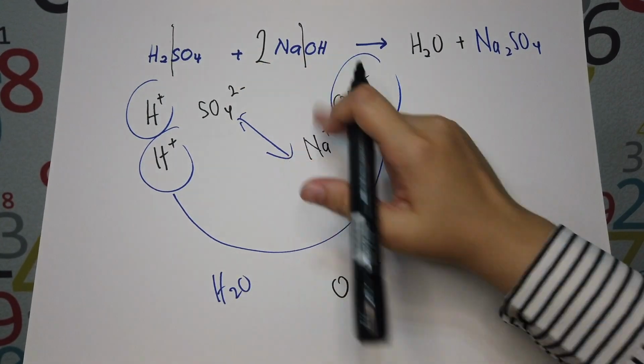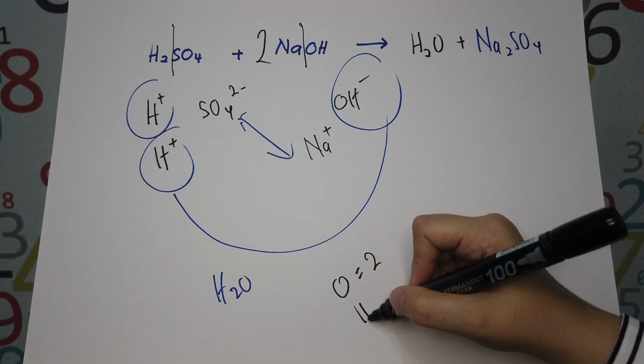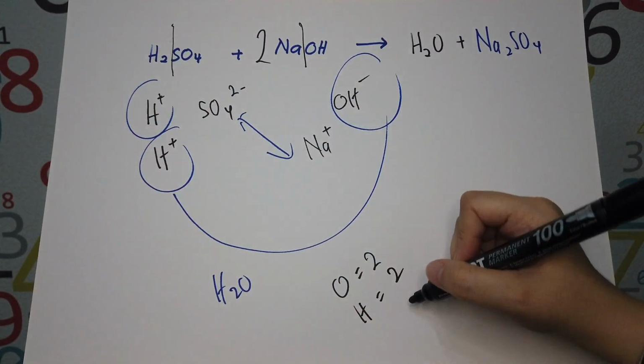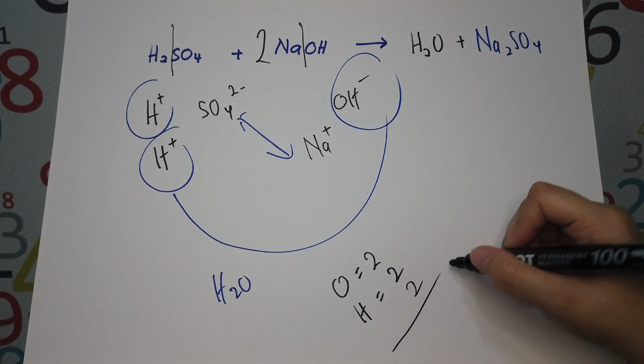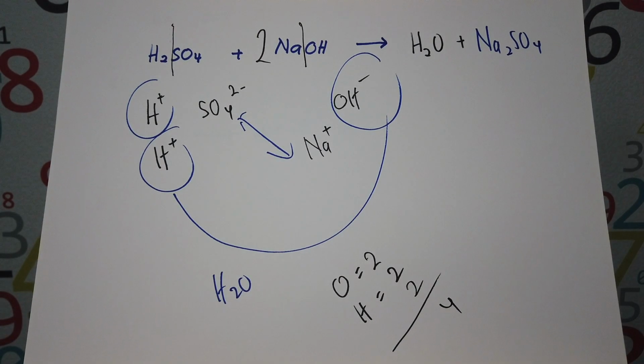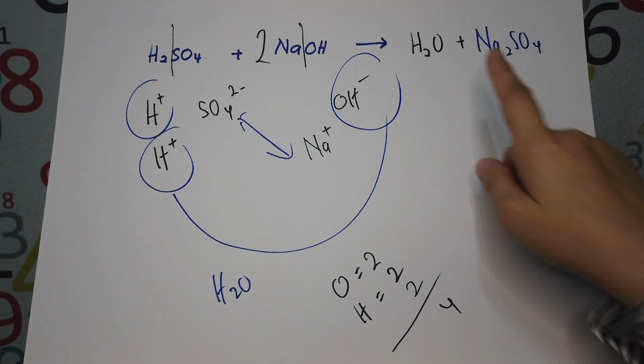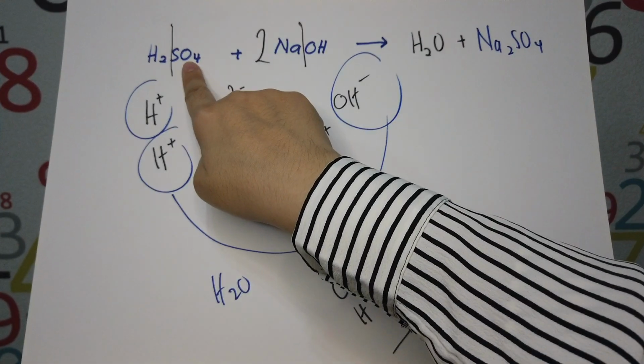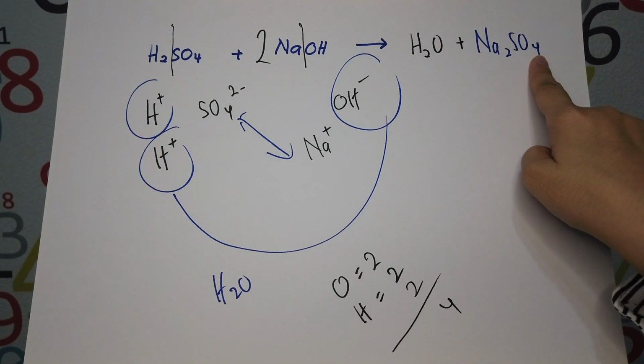Hydrogen: 2 times 1 gives 2 hydrogen, and here you already have another 2 hydrogen, so the total should be 4 hydrogen. For SO4 you already have 4 O's, so that's fine.